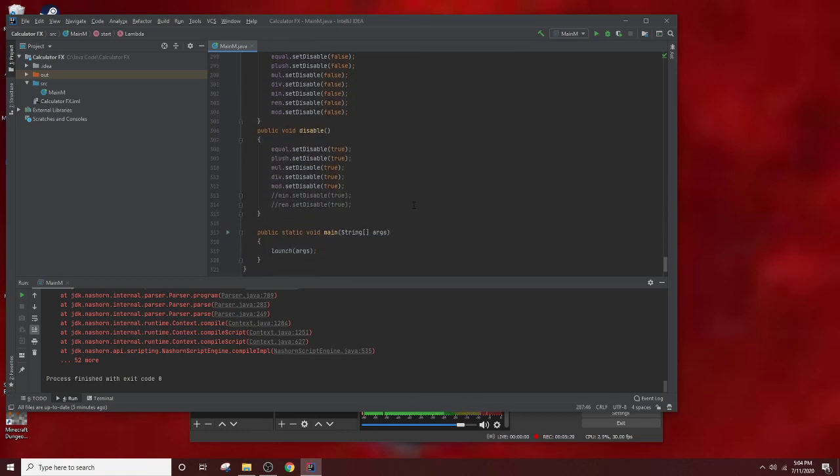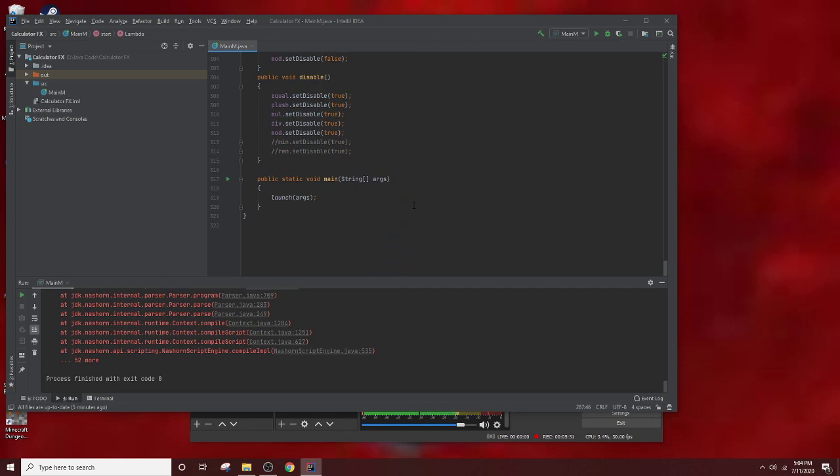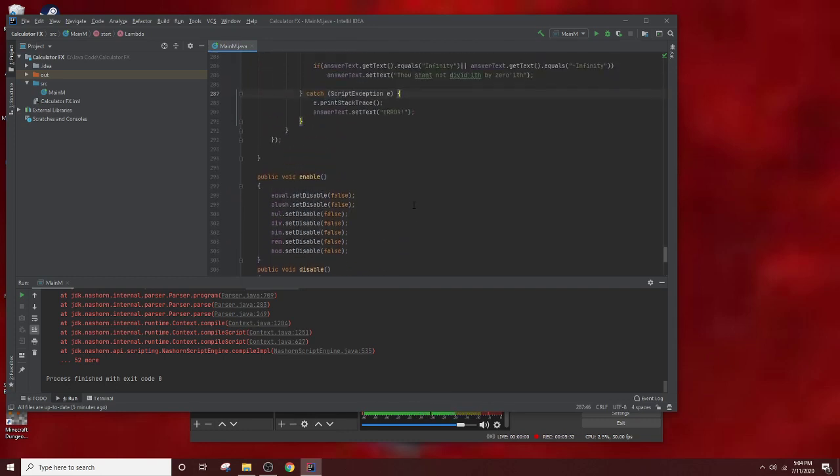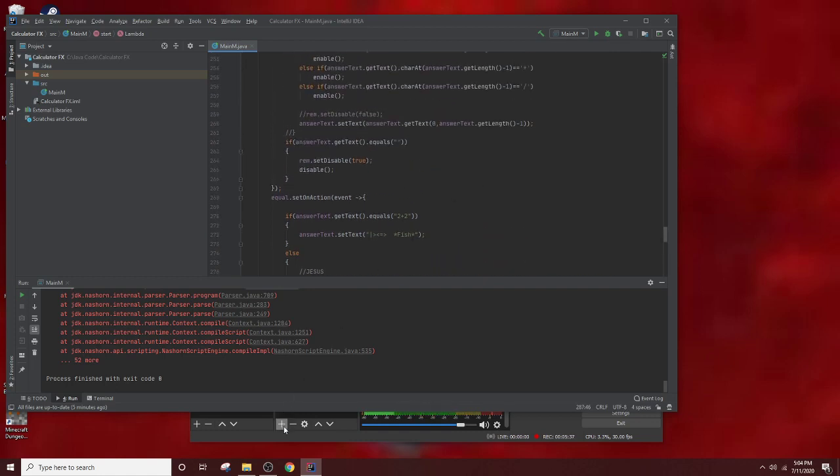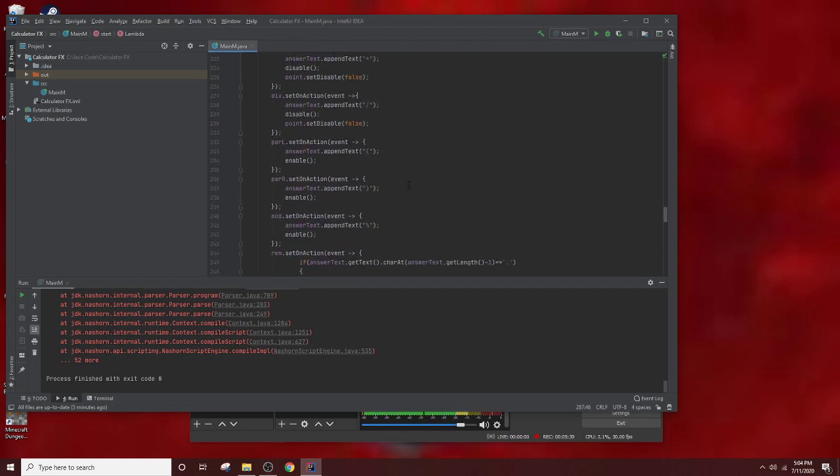Make sure they don't try to break the system, for whatever reason they're trying to break the system. I would do it. But yeah, this would be a calculator.